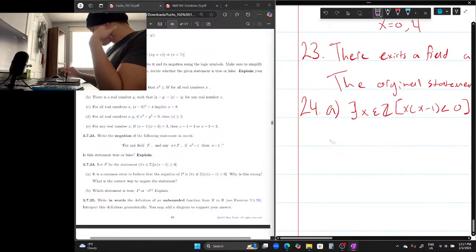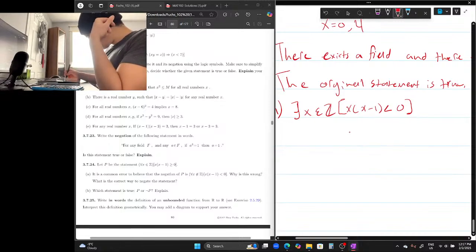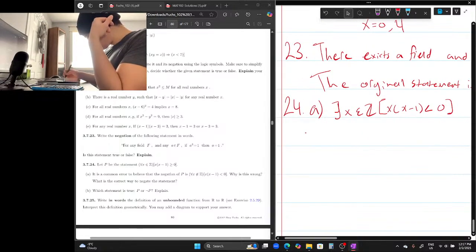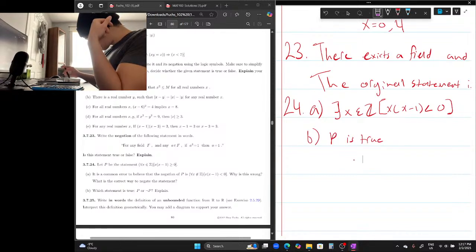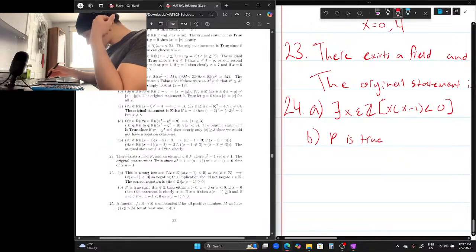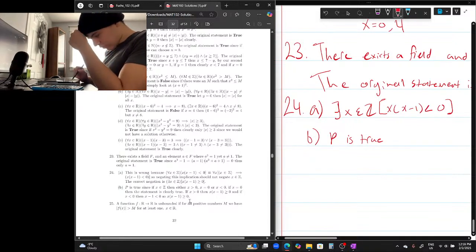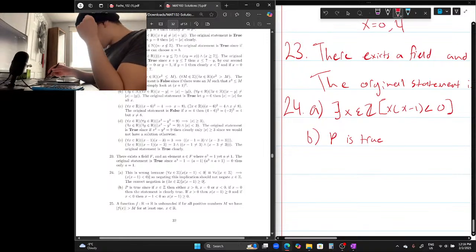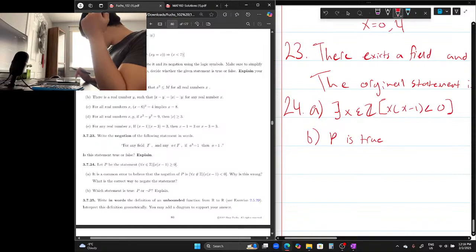Oh, and the integers. No, this is true. The P is true then. Yeah, since if x is greater than 0, either x is equal to 0 or x is less than or equal to 0. If x is equal to 0, then the statement is clearly true. Alright.